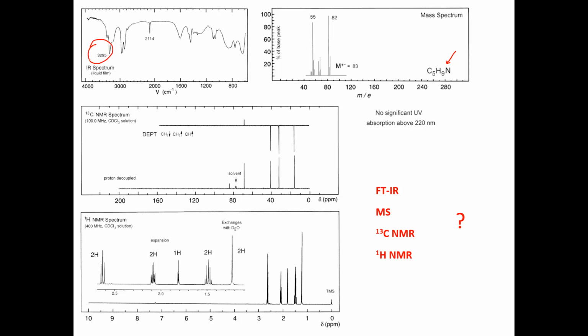IR tells you that probably you have some NHs. It's not a singlet. I mean, an IR is never a proper singlet, but let's say it is a diverse NH. It is not exactly like the one that we saw before.